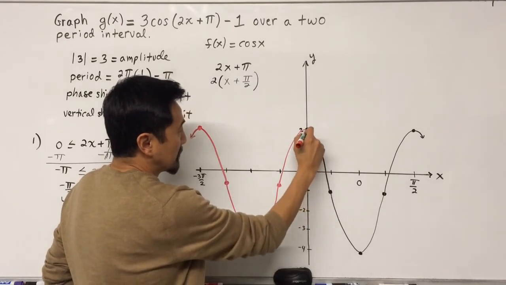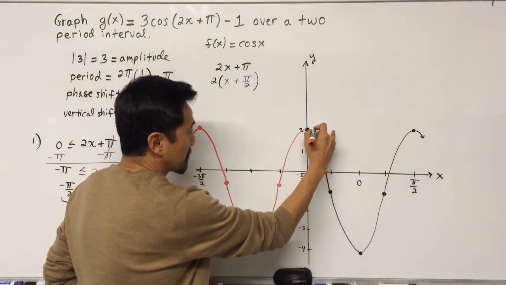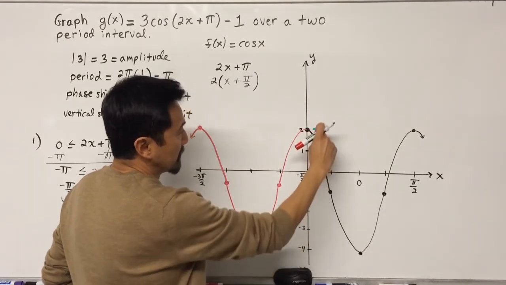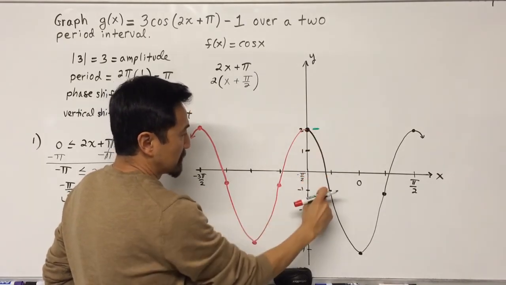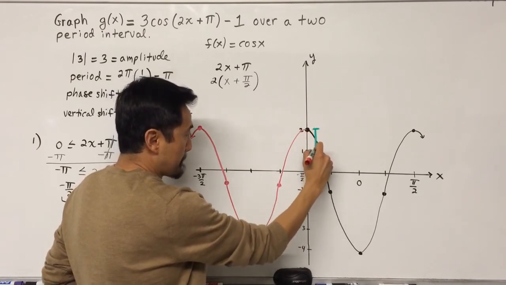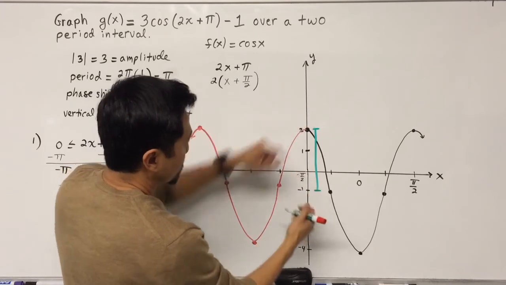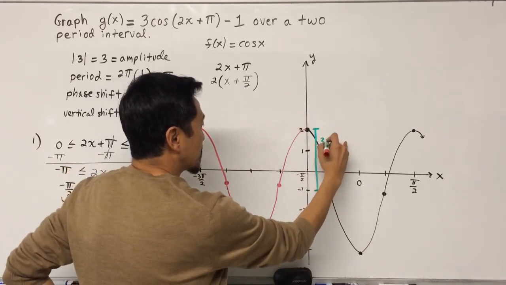That would be this distance here. The amplitude is the distance from the maximum value to the middle. So that is a distance of 3 units. That's my amplitude.